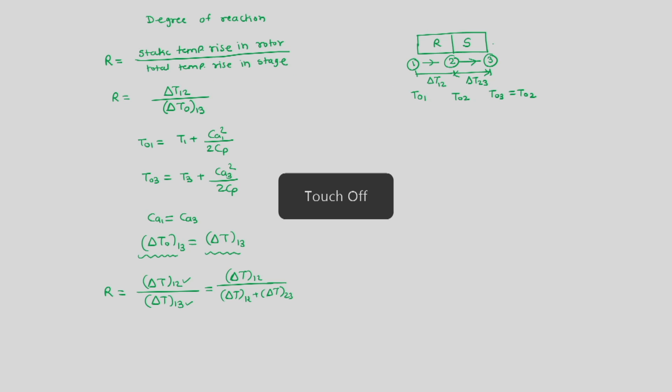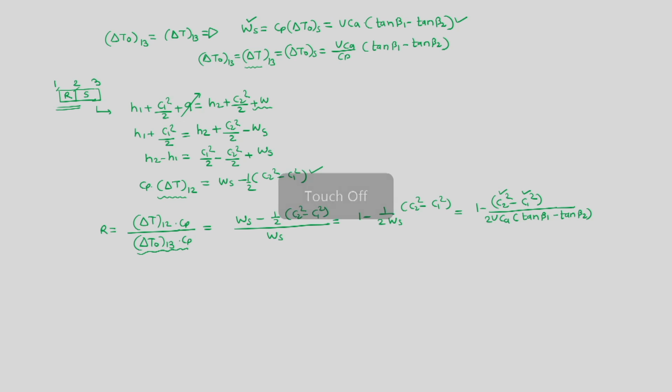So R is equal to 1 minus Ca square sec square alpha 2 minus Ca square sec square alpha 1, divided by 2 into U into Ca into tan beta 1 minus tan beta 2. This formula can be further simplified by replacing sec square alpha with tan square alpha, using the relation between sec and tan.